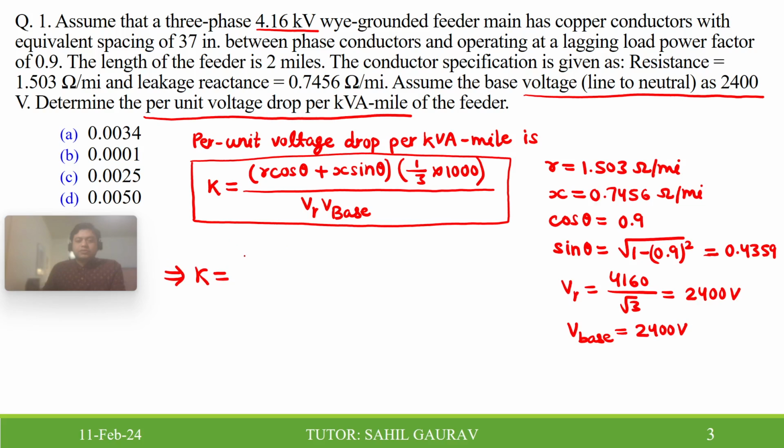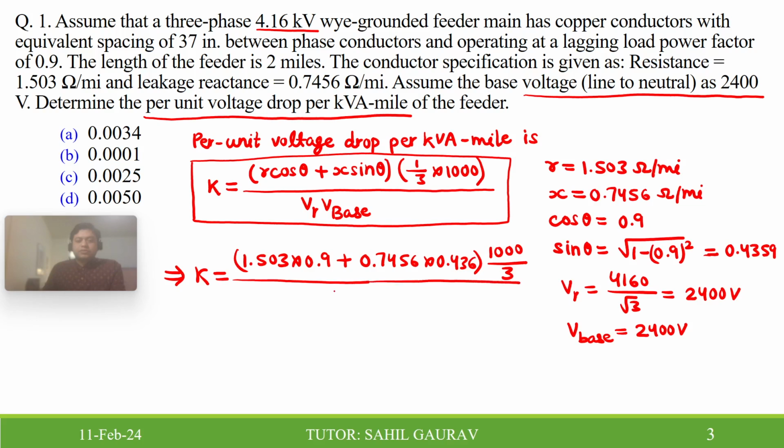Now we just have to substitute all these values. K equals (1.503 times cos theta 0.9, plus 0.7456 times sin theta 0.436) multiplied with 1000 divided by 3, divided by 2400 whole square.